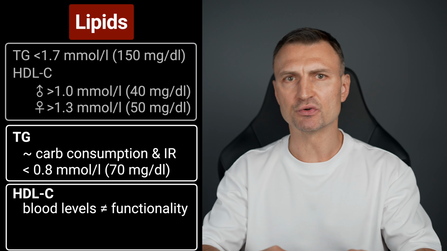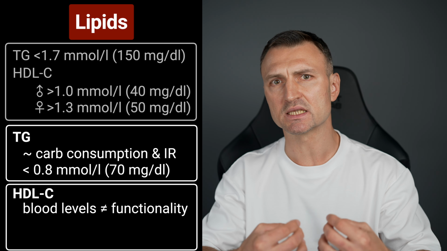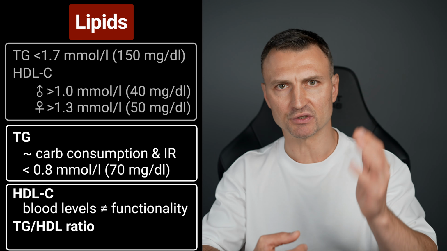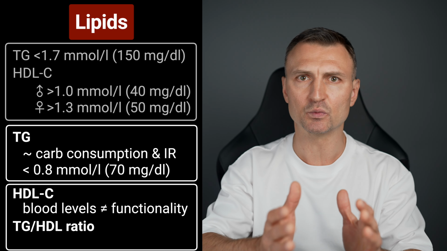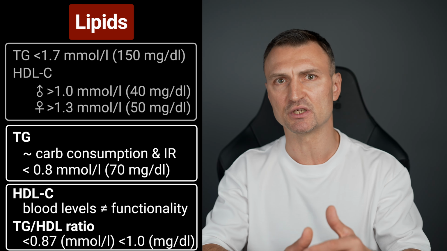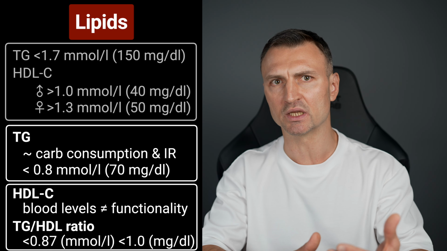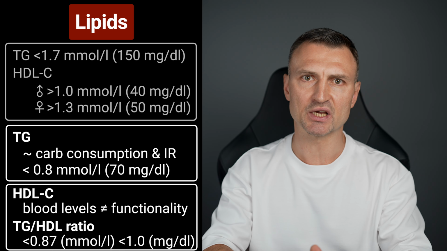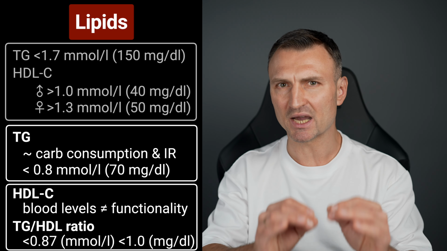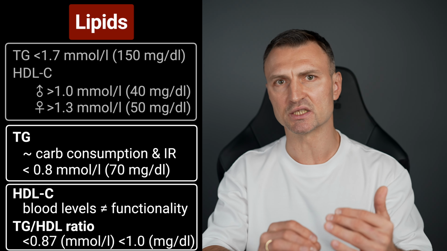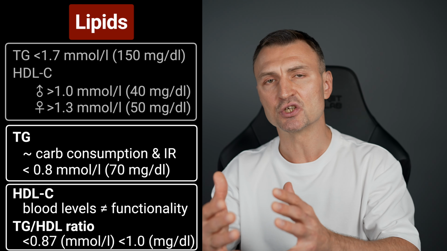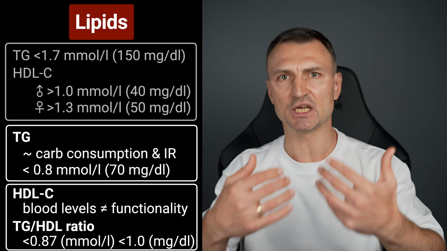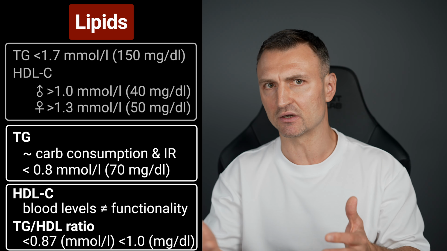And in order to ensure this HDL functionality, we must aim for an adequate ratio of triglycerides to HDL, which is less than 0.87 if we use millimoles per liter and less than 1 if we use milligrams per deciliter. Such a healthy triglyceride to HDL ratio is indeed a powerful proxy for adequate insulin sensitivity and translates into adequate HDL functionality, provided their levels are optimal.